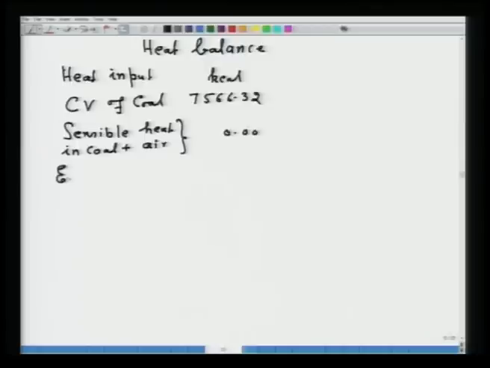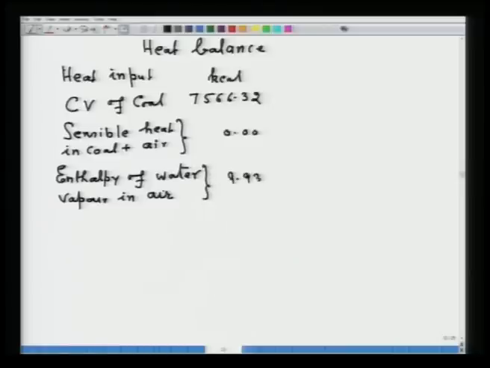Then enthalpy of water vapor in air, that we have calculated as 9.93 kilocalorie, and enthalpy of steam, that we have calculated as 166.00 kilocalorie.